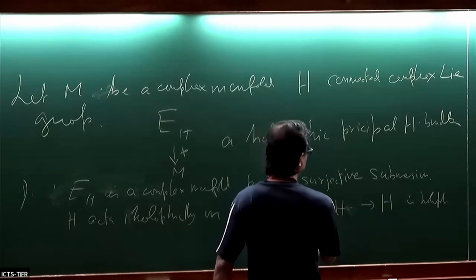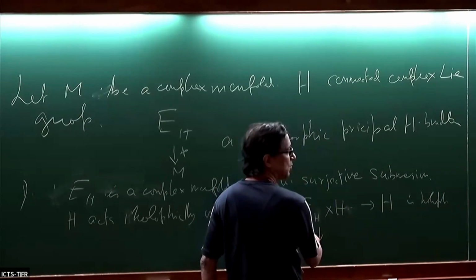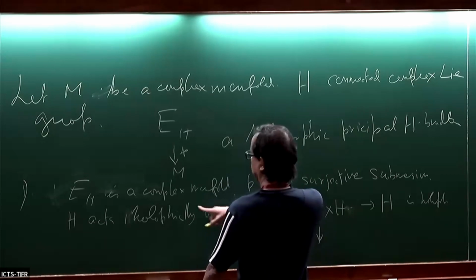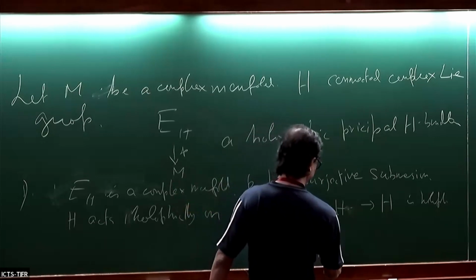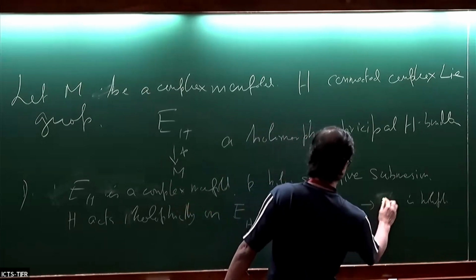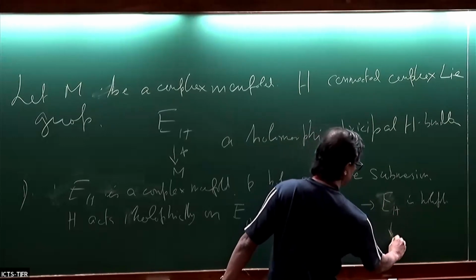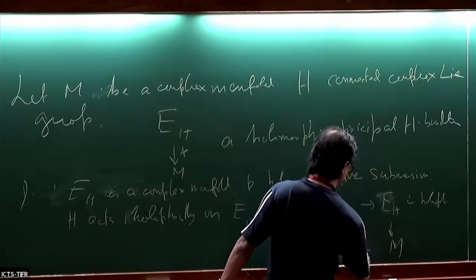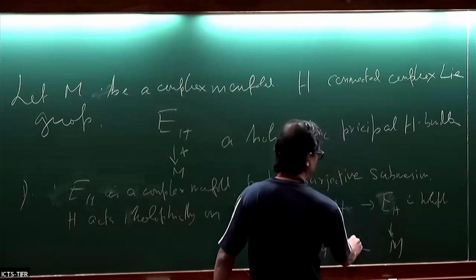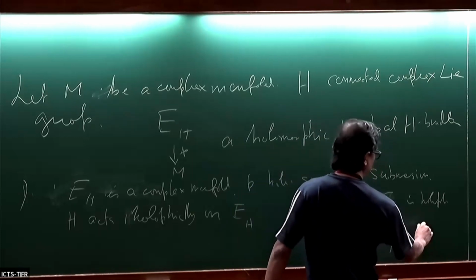From E_H cross H, you can project to the first E_H, and then using P, you can go to M. And from E_H, you can also go to M. The diagram commutes.